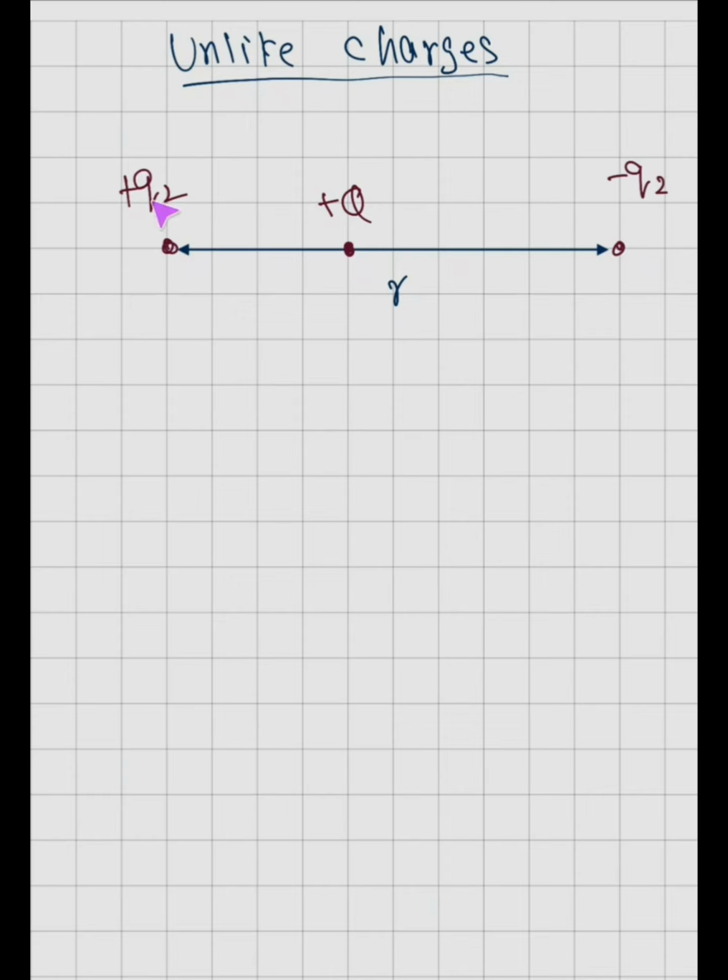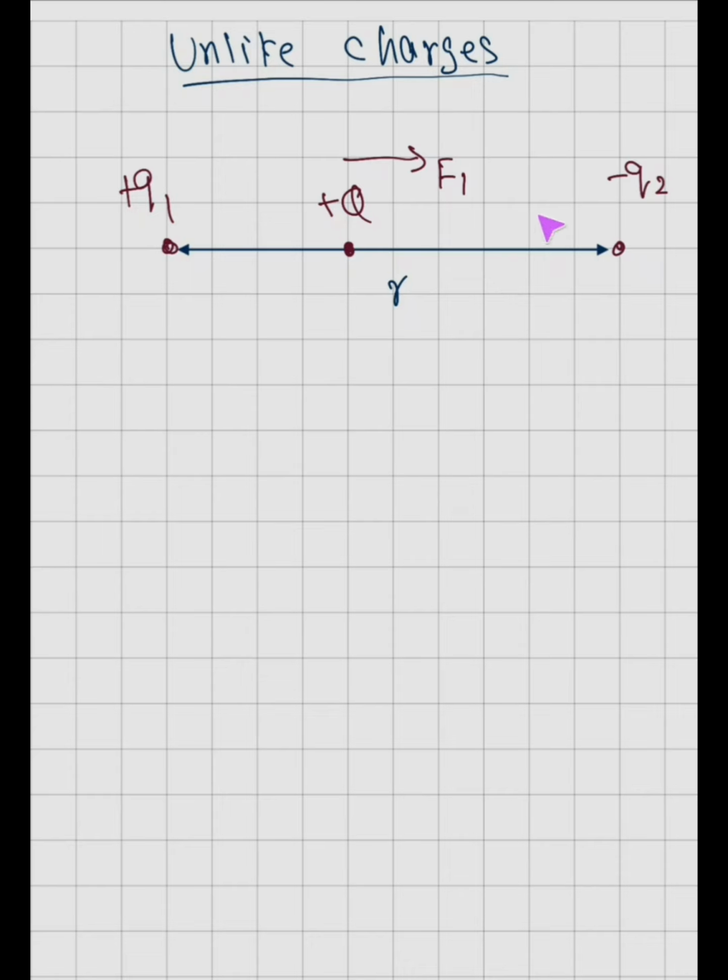Now the force between plus q1 and plus capital Q is repulsive in nature, so let that force be F1. It is acting along this direction.